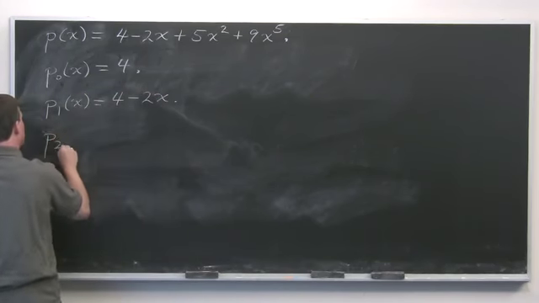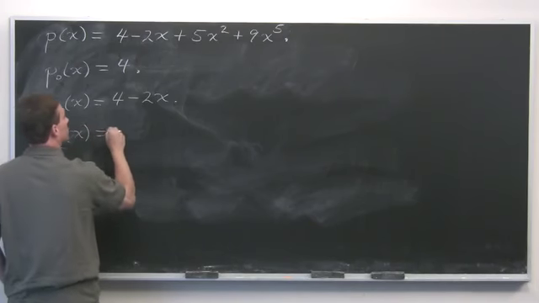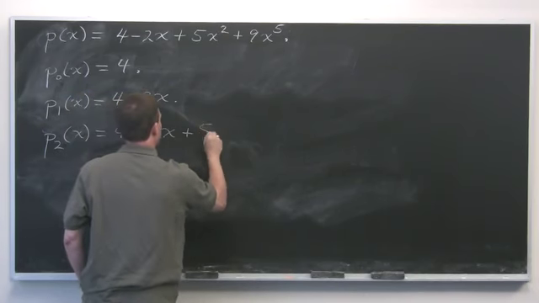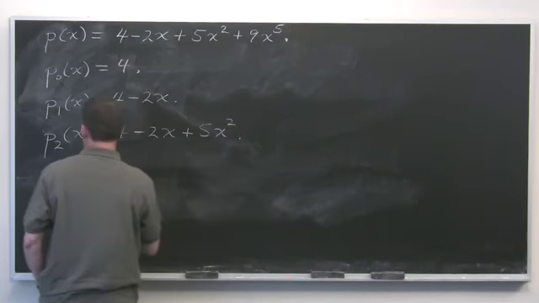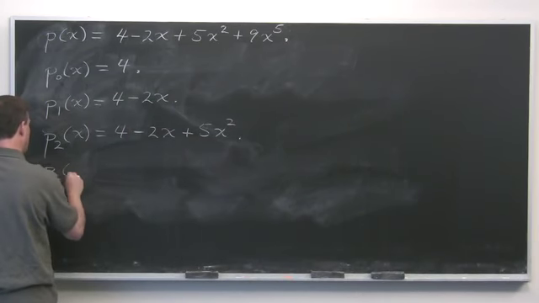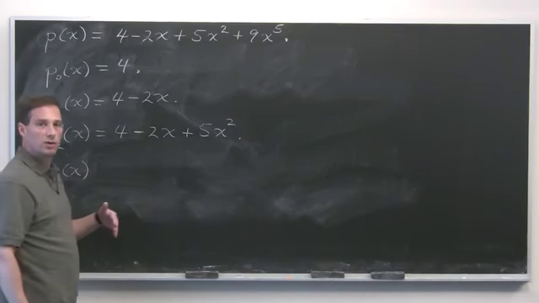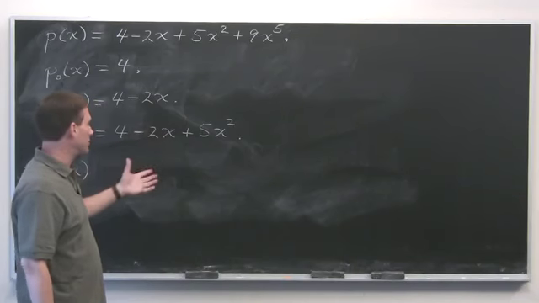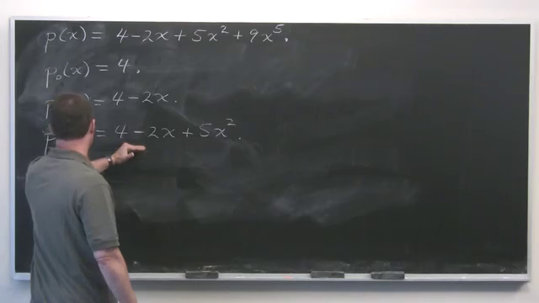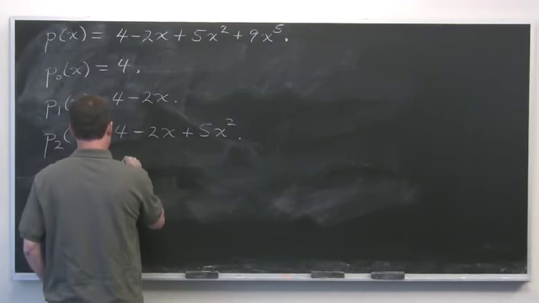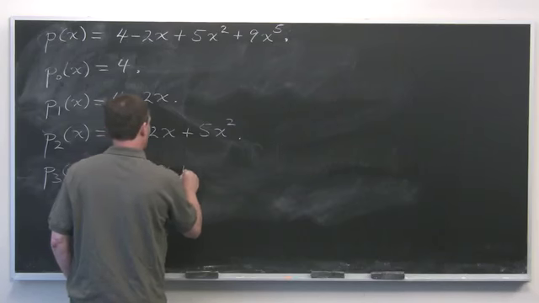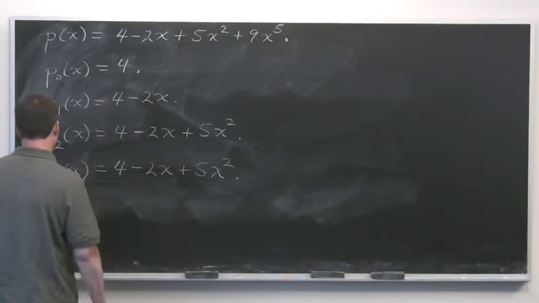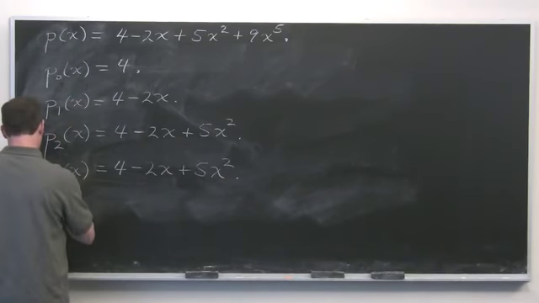For P sub 2, take all the terms up to the degree 2 term, and so on, but you may have noticed there is no x cubed term. So what do I mean by P sub 3 of x? You should think it's 0x cubed, and you include that, but that means it'll look just like this. So yes, you include the cubed term, but that's 0, so including it doesn't change anything. So P2 and P3 are the same.